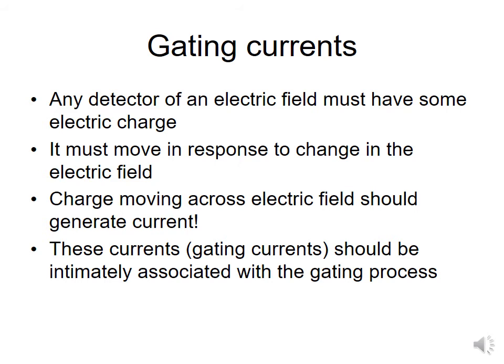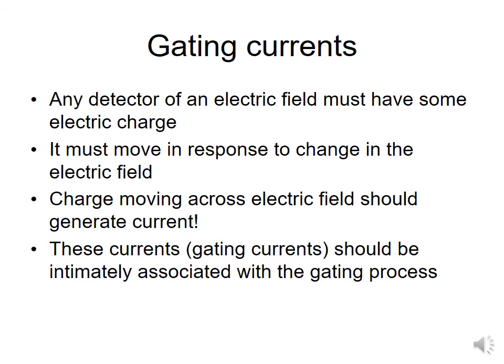How could these voltage sensing domains be detected? First, if this voltage sensing domain is formed by these positively charged amino acids, then with a change in transmembrane voltage, these amino acids should be able to move across the plasma membrane.